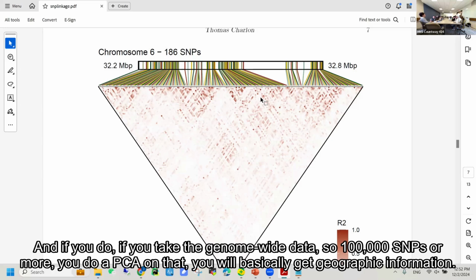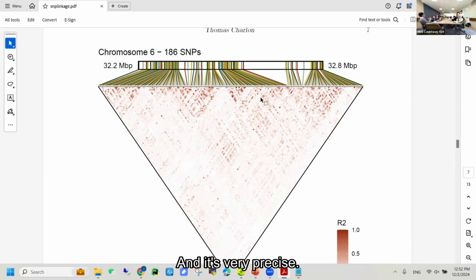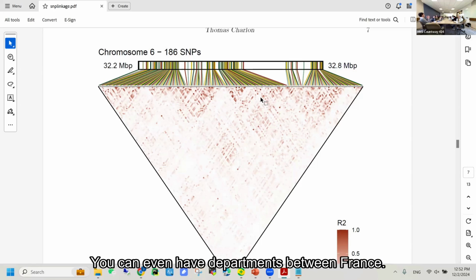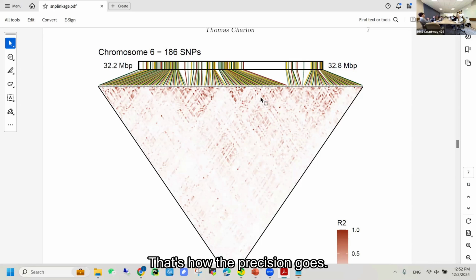If you take the genome-wide data, so 100,000 SNPs or more, and you do a PCA on that, you will basically get geographic information, and it's very precise. You can have French, European, Italian, you can even have departments within France. That's how precise it goes.